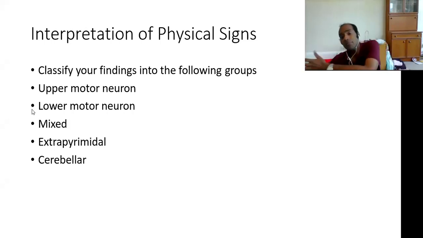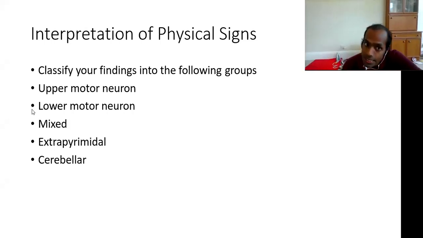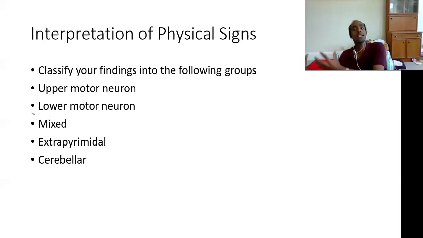The next patient might have extrapyramidal type signs. And another patient might have cerebellar signs. So you need to package your signs into these categories. Okay, so that is the first step. And all of you should now revise the differences between upper motor neuron and lower motor neuron, which I will tell you now. Please write this down if you don't remember.